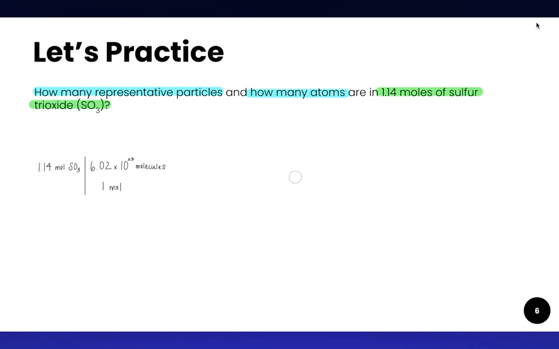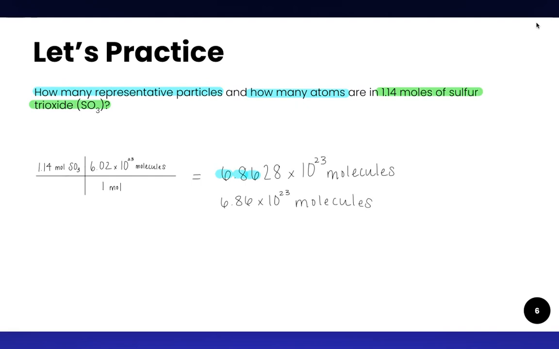And I can actually stop my calculation right here for now and figure out how many representative particles there are by multiplying. And I started out with 3 significant figures, so I need to count 1, 2, 3. What does 2 do to 6? Nothing at all. So my final answer is 6.86 times 10 to the 23rd molecules. So that's the first part of the answer.